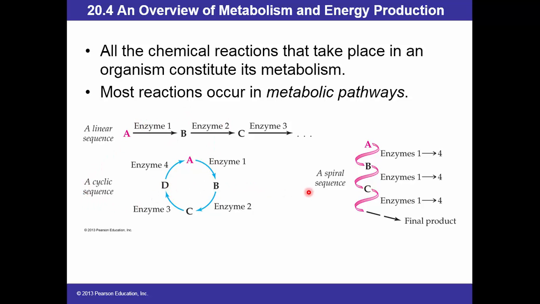We could here have a spiral sequence, again with a starting point, and then we have a final product. And we will see examples of these as we go, because we are going to study the different pathways that lead to the breakdown of large molecules into smaller ones.